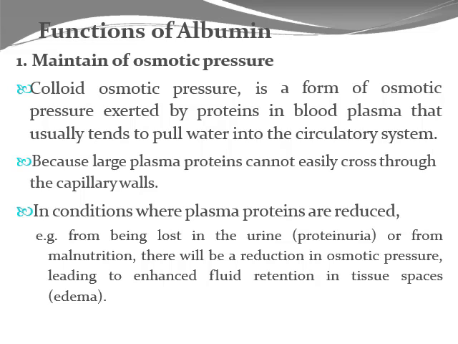In cases where we have a reduced amount of plasma proteins, let's say we have loss of protein through our kidneys into the urine, the condition known as proteinuria, or your diet does not consist of a sufficient amount of protein, there can be a reduction in the osmotic pressure, and this will lead to accumulation of fluid in the tissue spaces because we don't have sufficient protein to pull them into the circulation. This may cause a condition called edema, accumulation of fluid in the tissue spaces.